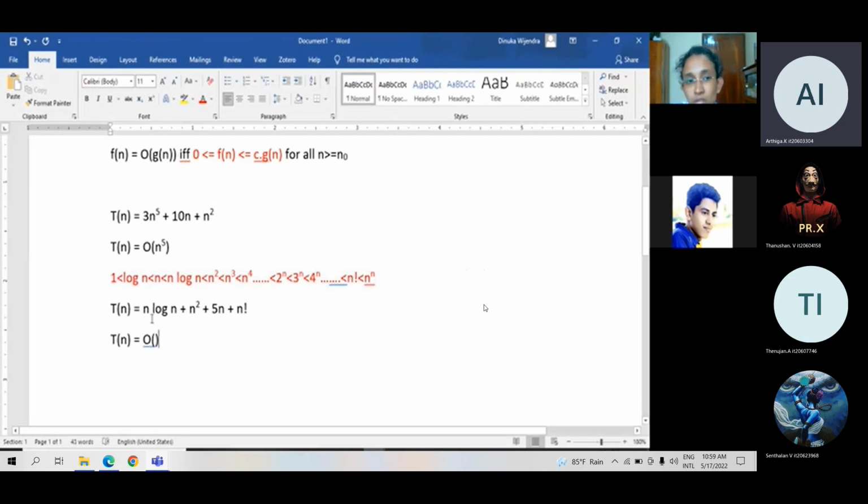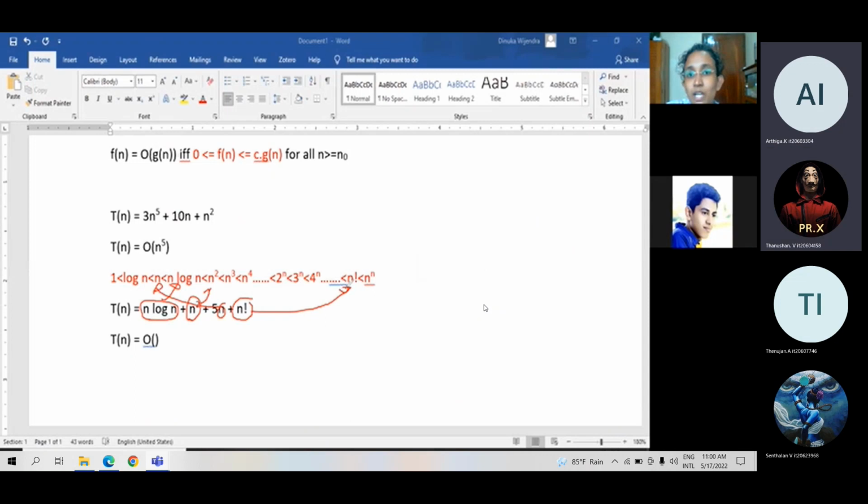Now you know that if you can't find the big term very quickly, then somewhere just write down this condition and check what the n terms are. One n term is n log n, that is here. Another one is n squared, that is here. Another n term is n, that is here. Another one is n factorial, that is here. What I am finding is the maximum one, the upper one.